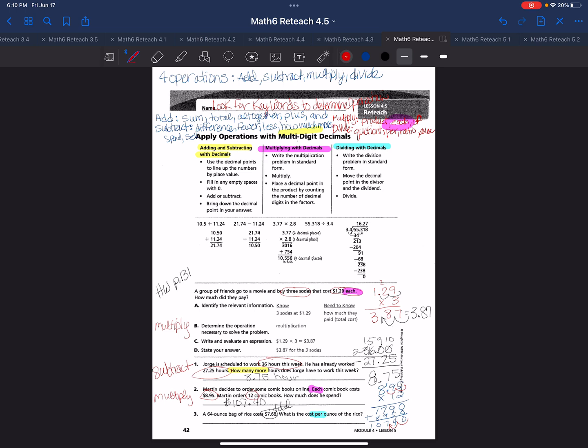So I know for this last one, we're going to be dividing. So it's $7.68 divided by the 64-ounce bag would get me my cost per ounce. So I'm going to divide. So I think I need to erase this so I have some more room here.